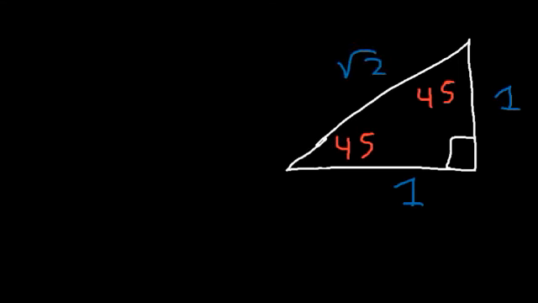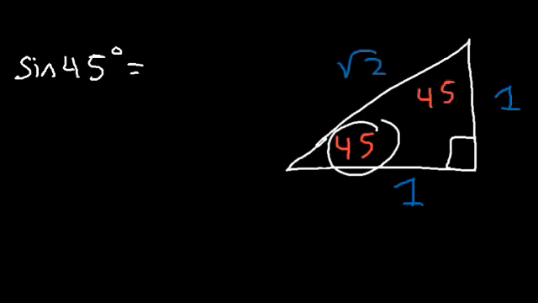Now, the next thing you need to be familiar with is the 45, 45, 90 degree triangle. Across the 45 is a 1, and across the 90 degree angle, or the hypotenuse, is root 2. So if you want to evaluate, let's say, sine of 45, you can use any of the 45 angles.